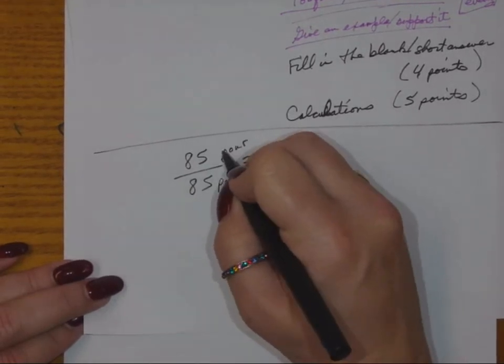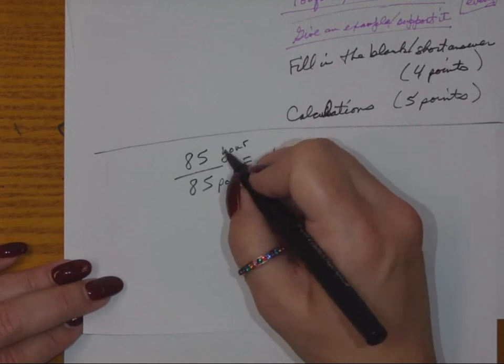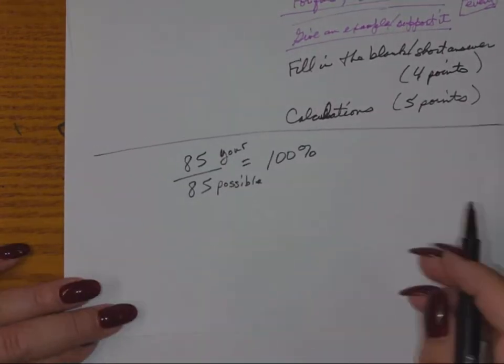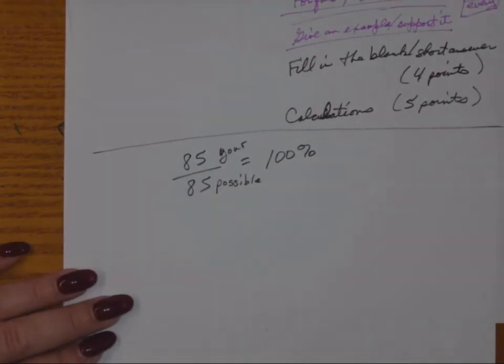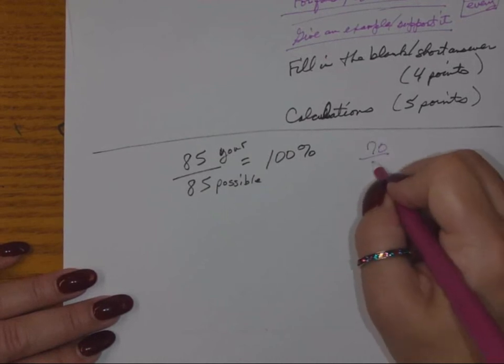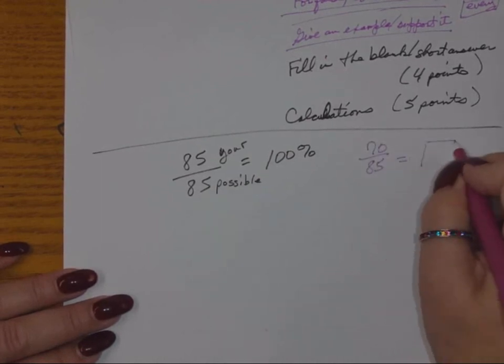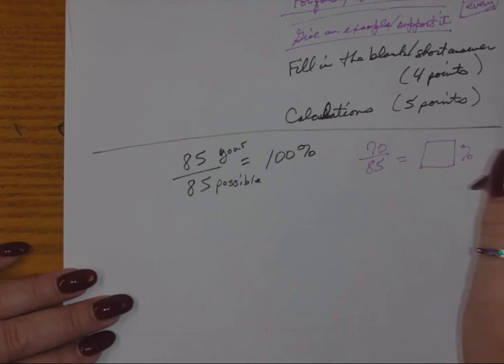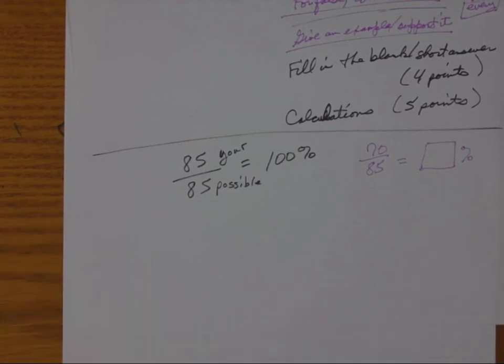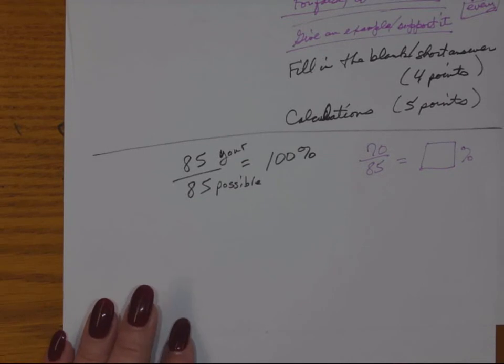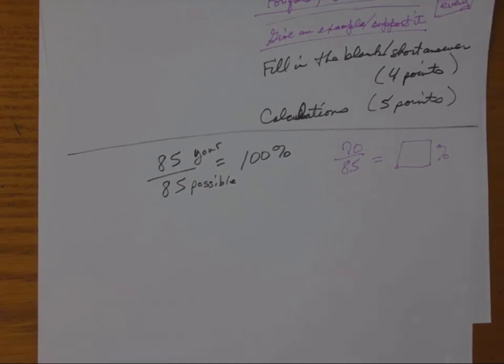And this is your score, okay? If you get 85 out of 85, then congratulations, you got 100%. But if you only get 70 out of 85, then I'll figure out that percentage score, and it will be on your test so that you can see it. So this will be a great usage of our percentage knowledge.